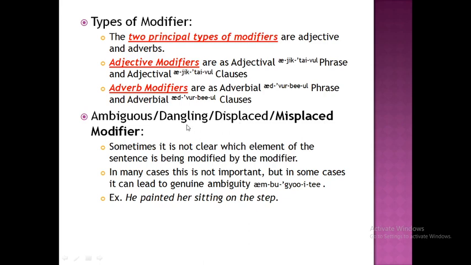These dangling modifiers are also called ambiguous or misplaced. So these four words are for one kind of modifier: ambiguous, dangling, displaced and misplaced modifier. Sometimes it is not clear which element of the sentence is being modified by the modifier. In many cases this is not important, but in some cases it can lead to genuine ambiguity. You will understand with the help of some examples.